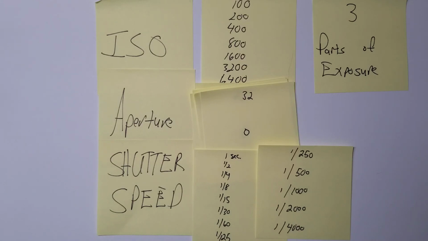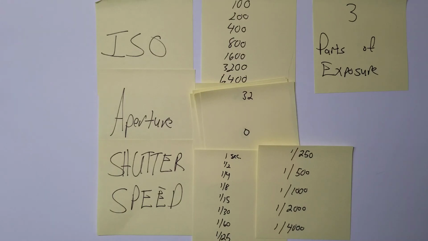That's just like a guess. If you've got window light coming in or something, it's just relatively dark. For example, in the classroom, it's about 1600 at 60th of a second at f4. If that gives you sort of like an idea. It's never as bright as you think it is.